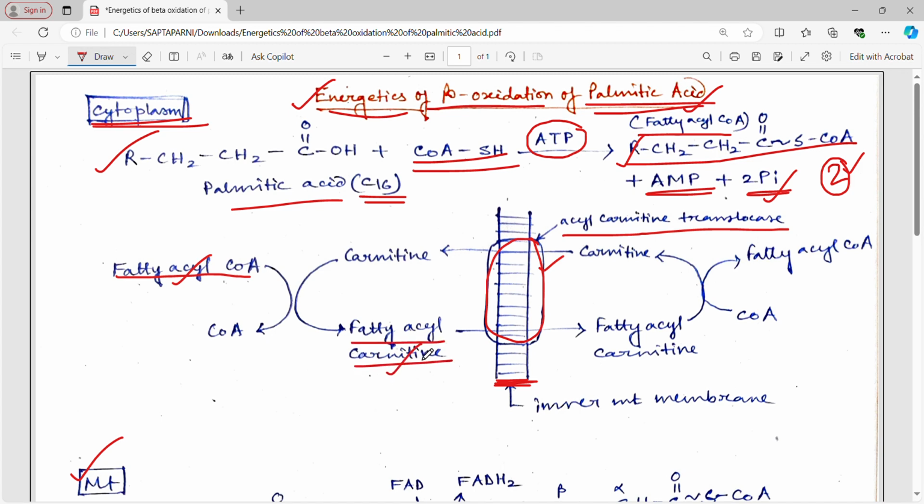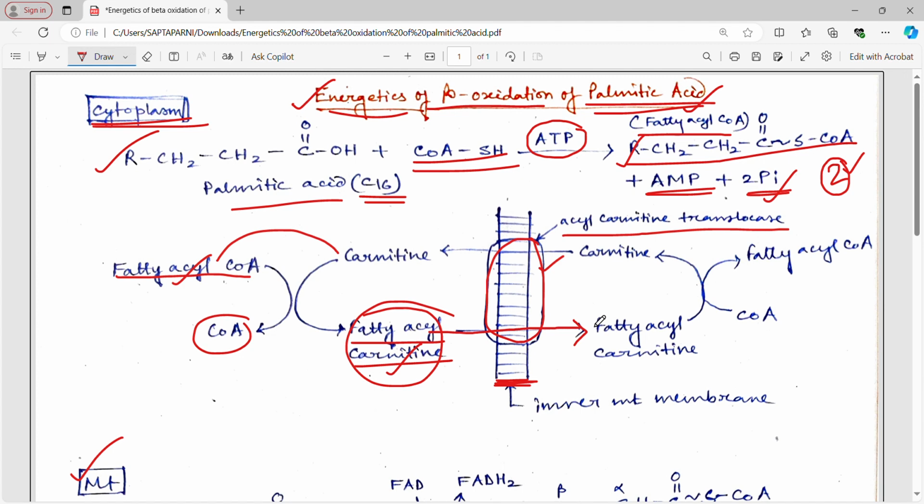Okay, so for that fatty acyl CoA reacts with carnitine and coenzyme A is liberated and fatty acyl carnitine is formed, which goes through the acyl carnitine translocase from the intermembranous space of mitochondria to the inner side or the lumen of the mitochondria.